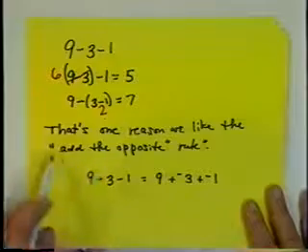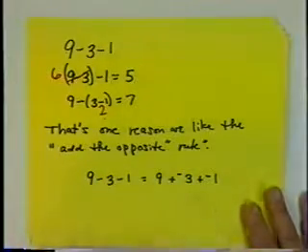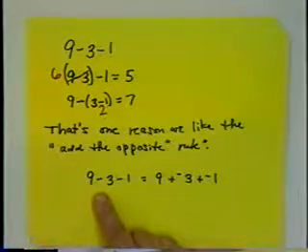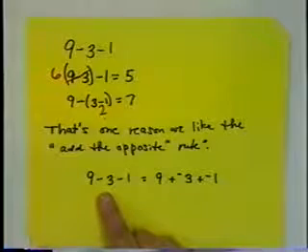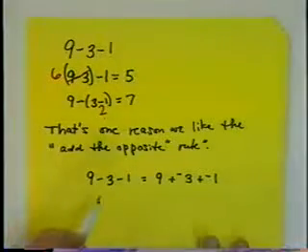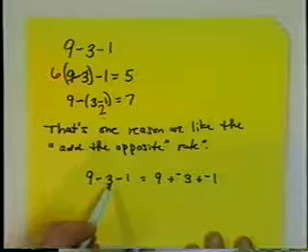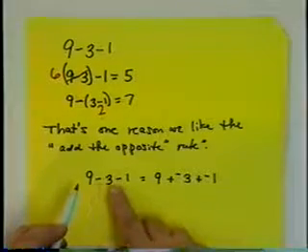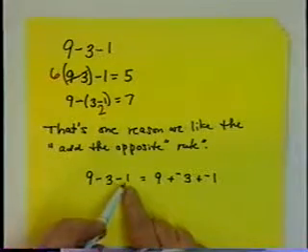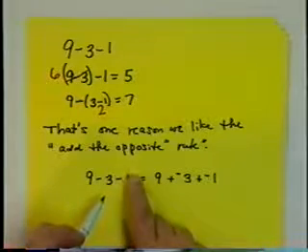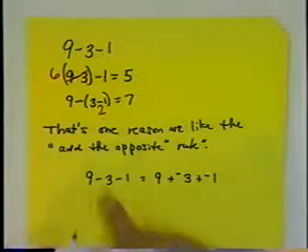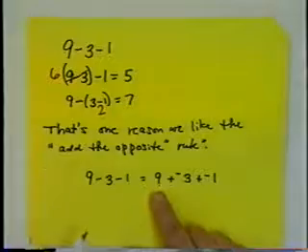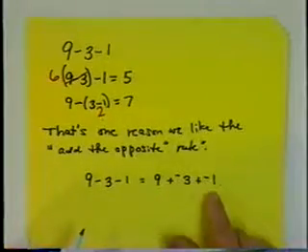That's one reason why we like to add the opposite rule. Suppose I say, hey, from now on, whenever I see subtraction, I'm going to use the add the opposite rule. What do I do instead of saying minus 3? I say plus negative 3. And instead of minus 1, I say plus negative 1. I add the opposite. Now this problem becomes 9 plus negative 3 plus negative 1.